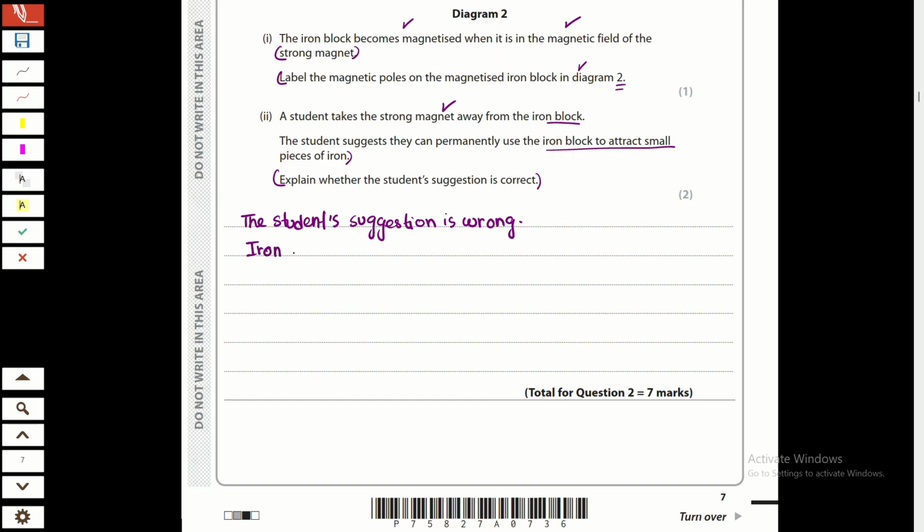Then iron would lose its magnetism as soon as the magnet is removed. Why? You have to explain, so you will have to put a reason. Because iron is a magnetically soft material.